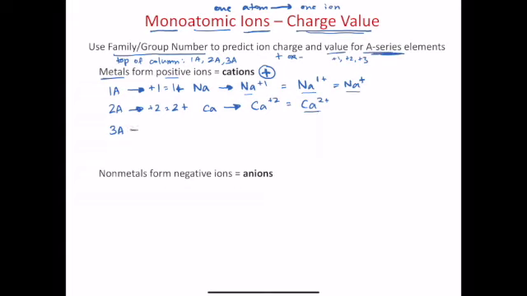So this is family 3A, which is jumping over to the right. That family 3A forms +3 or 3 plus. And so aluminum is the metal at the top of family 3A. So aluminum, the element, forms aluminum +3 or aluminum 3 plus.